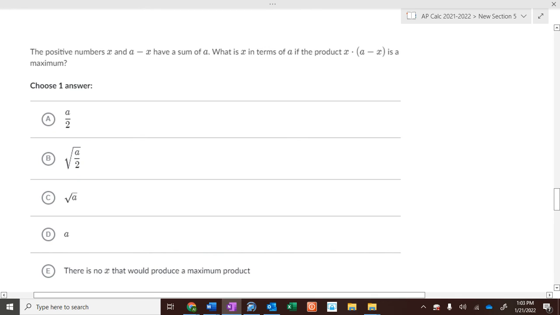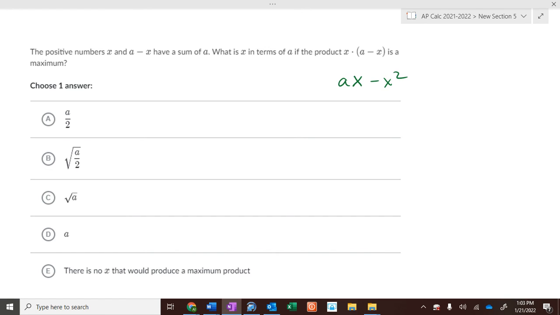Positive numbers x and a minus x have a sum of a. What product would be their maximum? So you take x times a minus x, which is ax minus x squared, right? And you want that to be a maximum. If you want to find a maximum, what do you do?